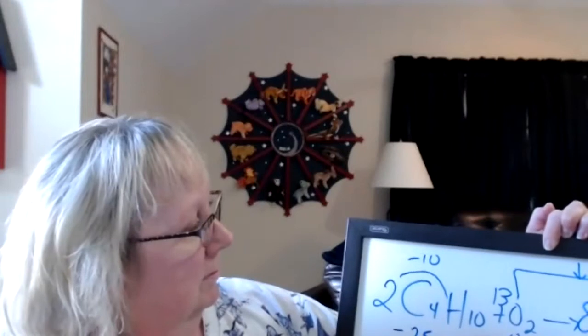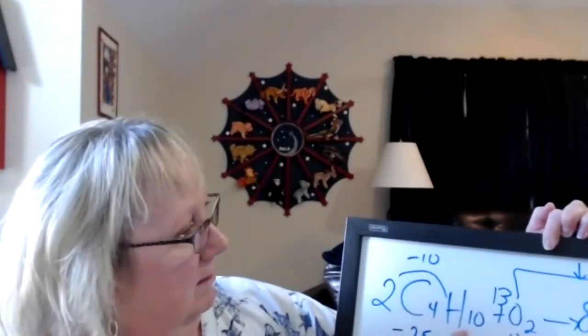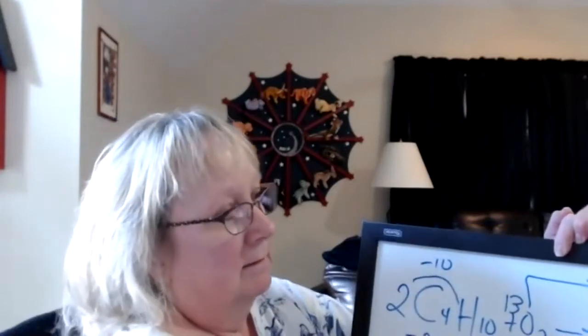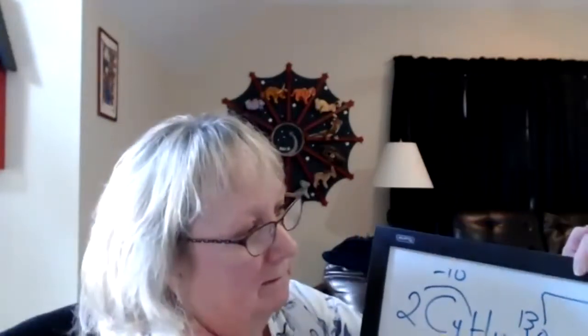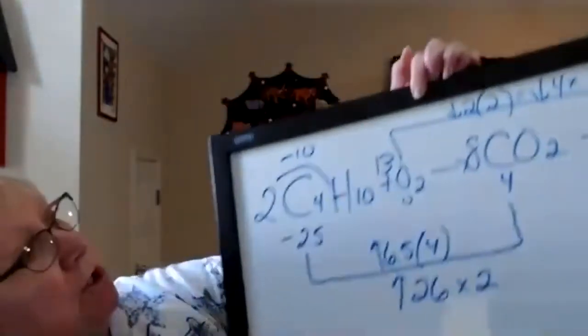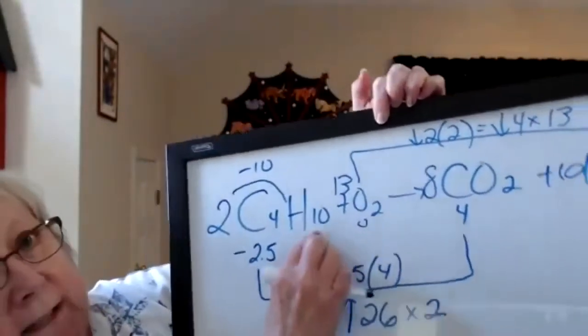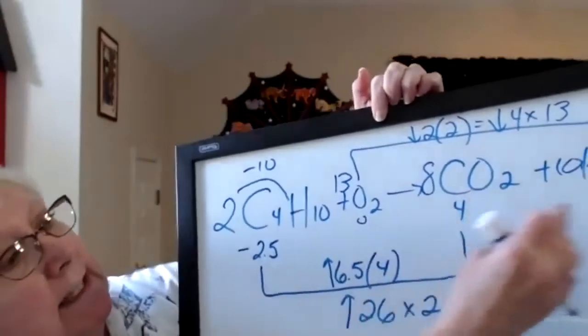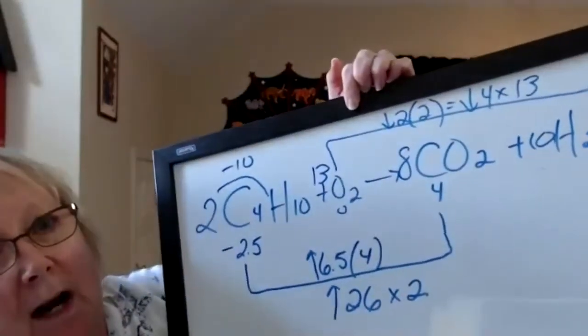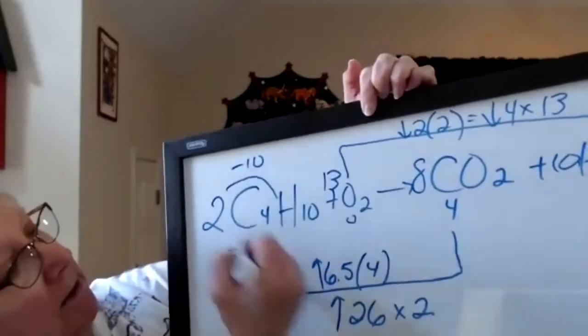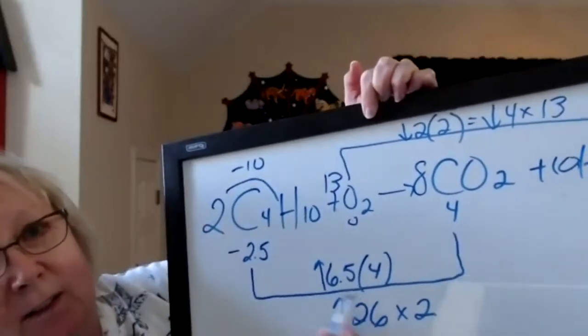So 2, 13, 8. Oh, that's a 10. Okay, sorry. So it's 2, 13, 8, and 10. So if I have 26 oxygens on the left, 16 plus 10, I have 26 on the right.